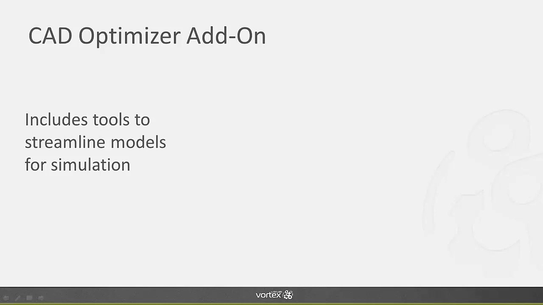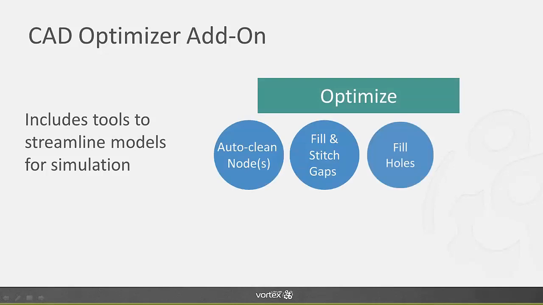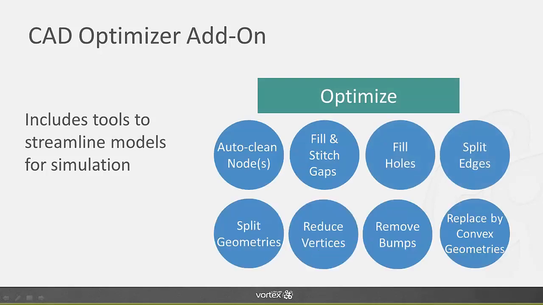Elements that are there for assembly purposes, such as bolts, nuts, holes, all of those things, they don't affect the actual performance of the virtual prototype, but they take resources away when you're running your simulation. So the CAD Optimizer Add-on includes a suite of simplification tools that allow you to remove those details that don't affect the performance of the virtual prototype.